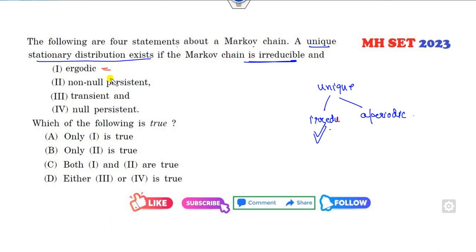What is the meaning of the ergodic? That means recurrent, or you can say non-null recurrent or non-null persistent, and aperiodic. So fine. You can see aperiodic appears in this case.